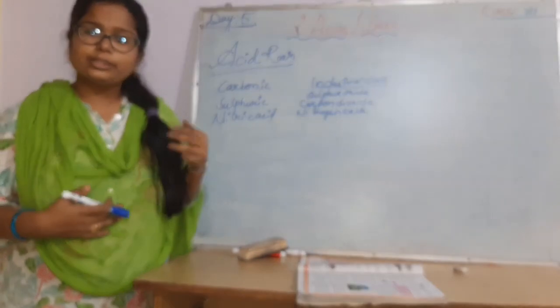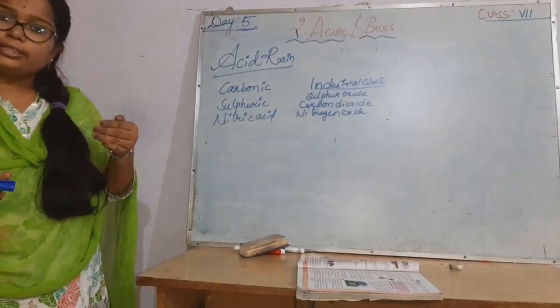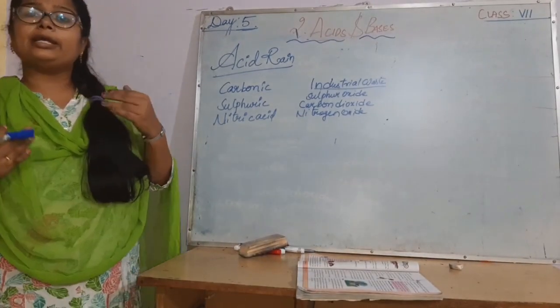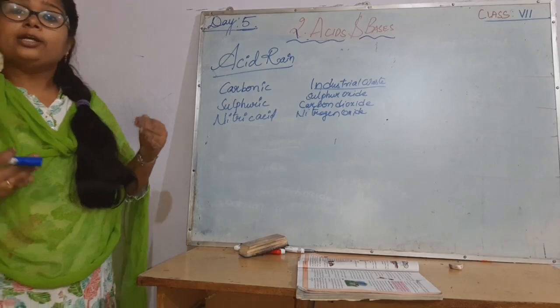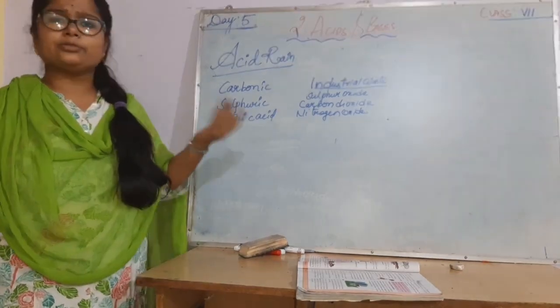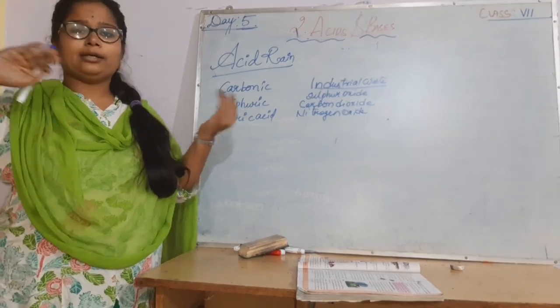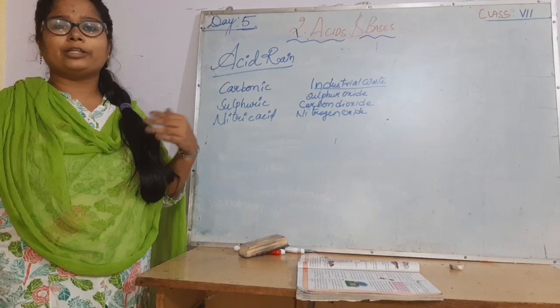As the population is increasing, the pollution is increasing, the industrial waste is increasing, everything is increasing. Yes or no? Yes. Day by day, these are increasing. There are some chemists who look after these things.